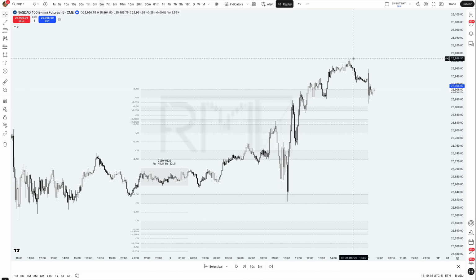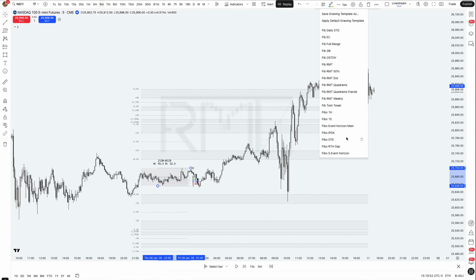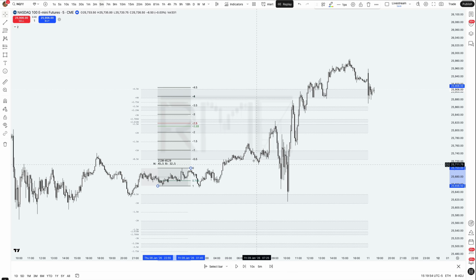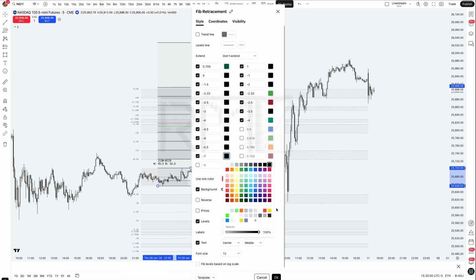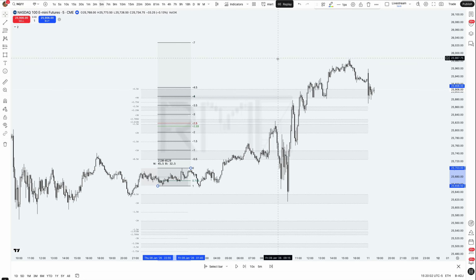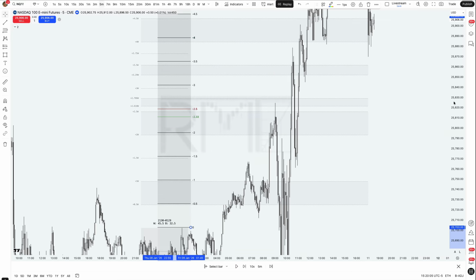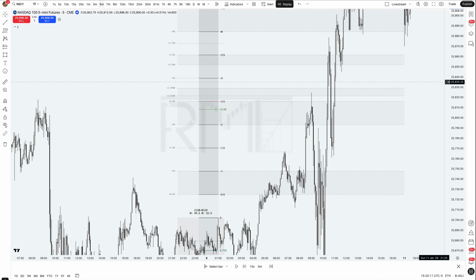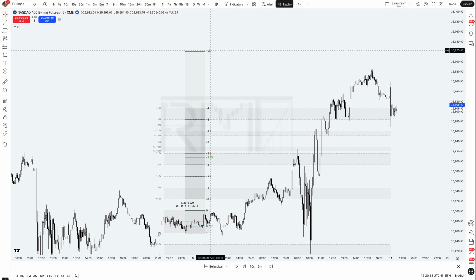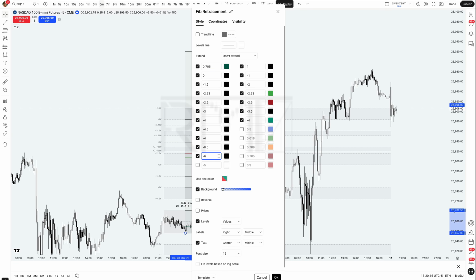I didn't put the level here, but this should be 7. Let me just double check. That should be 7 deviation. Or 6.5, probably 6.5 because on this range, yeah.